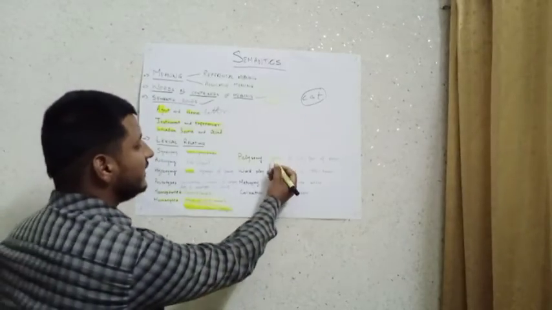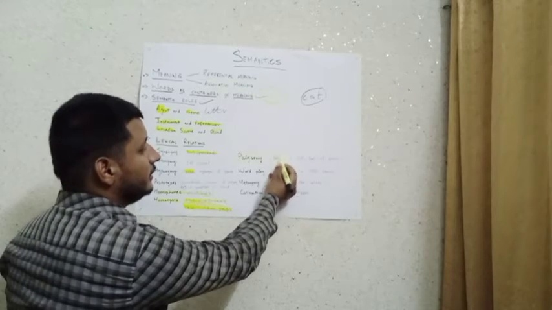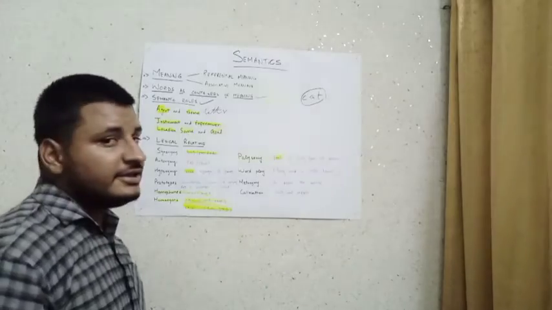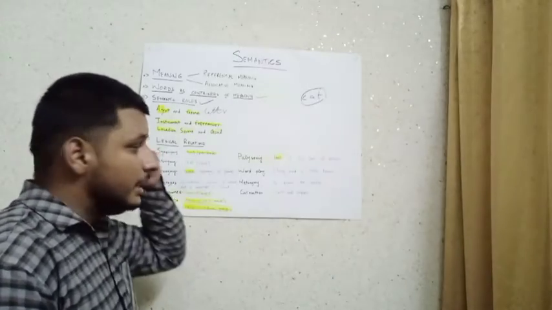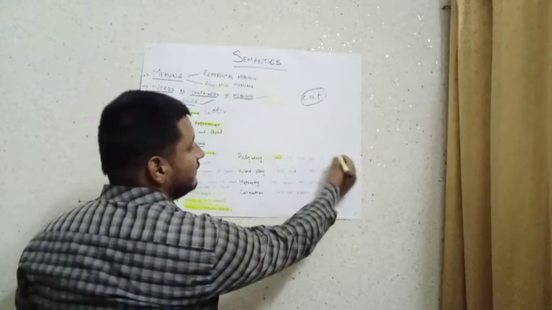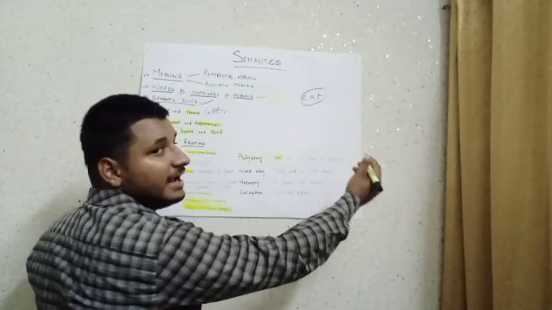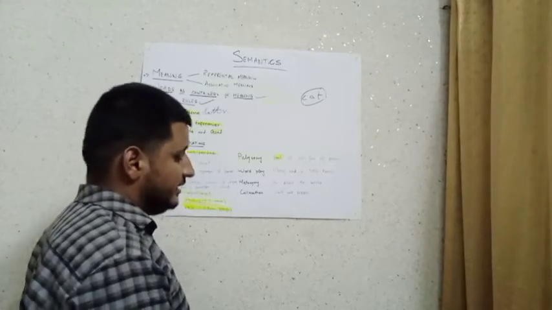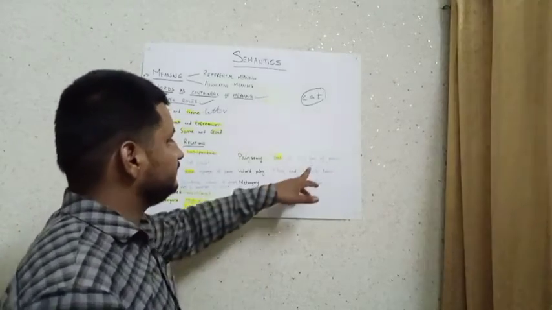Now here foot is acting as a polysemy. In the first example, foot of hill, it represents the base of the hill, and in the other example, foot of person, here foot is acting as a body part.